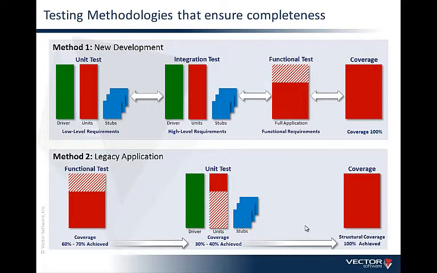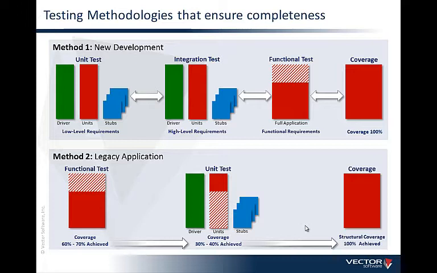So, two strategies for building up sets of test cases. If we start with method 1 with unit testing, we will get some coverage. We combine that with further coverage from integration testing, and yet further coverage again from functional system testing, and most probably we will have achieved much more than 100% coverage. We will have a lot of duplication.